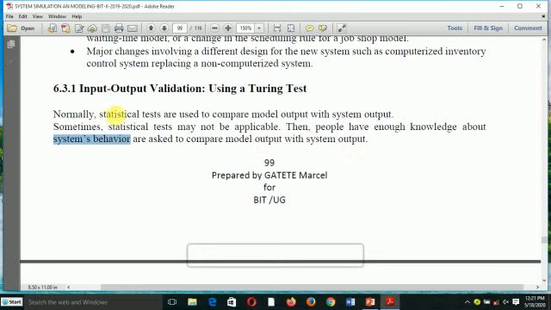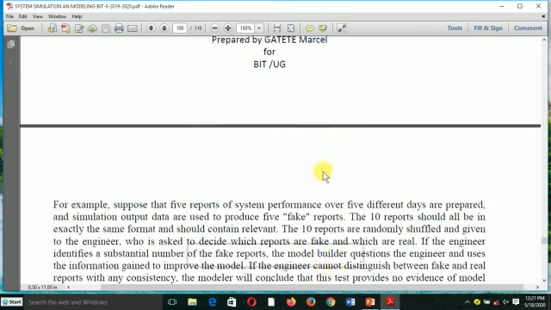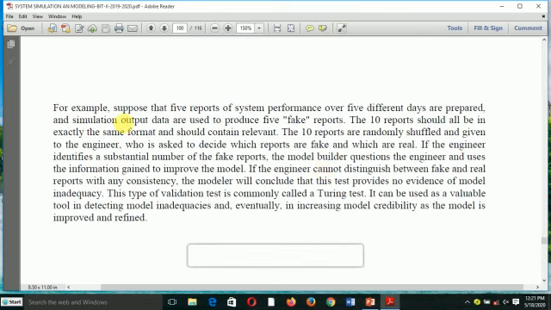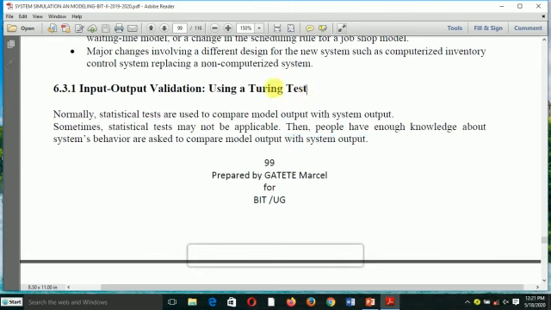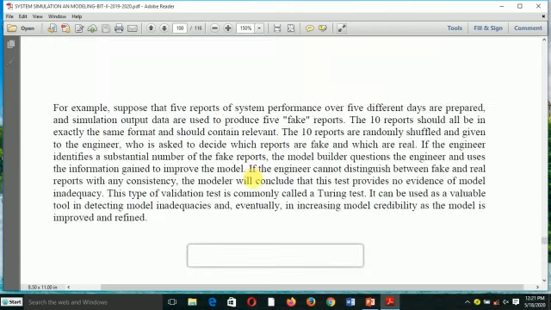If you use a statistical test and see that it is not possible, you ask the professionals to help you. For example, using a Turing test means a test which is going to test the ability of someone to answer or do something intelligently.